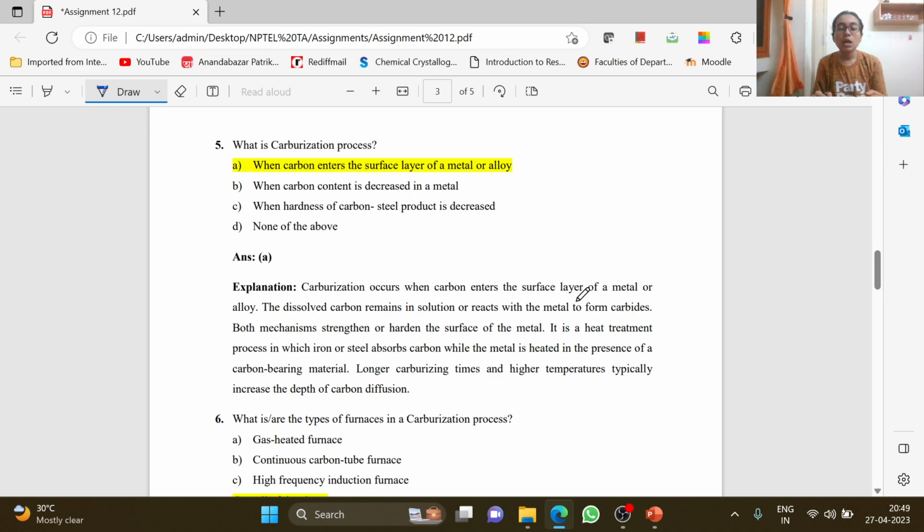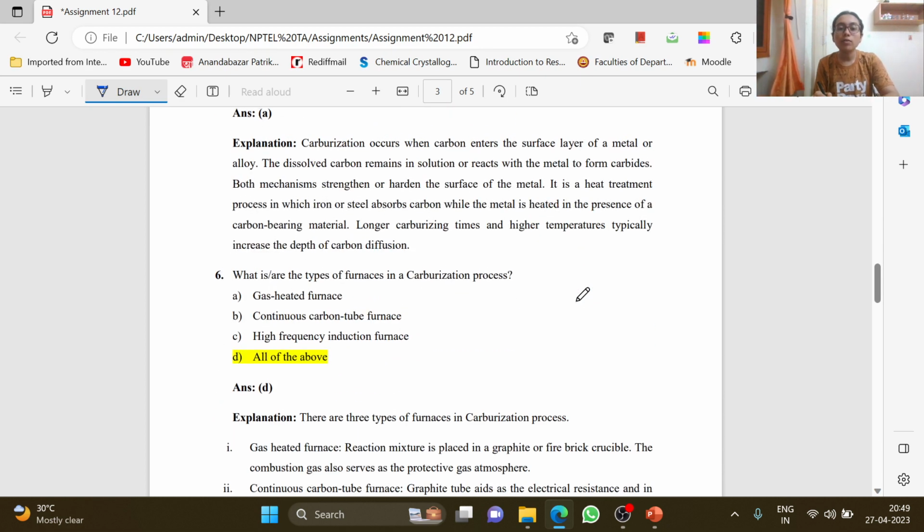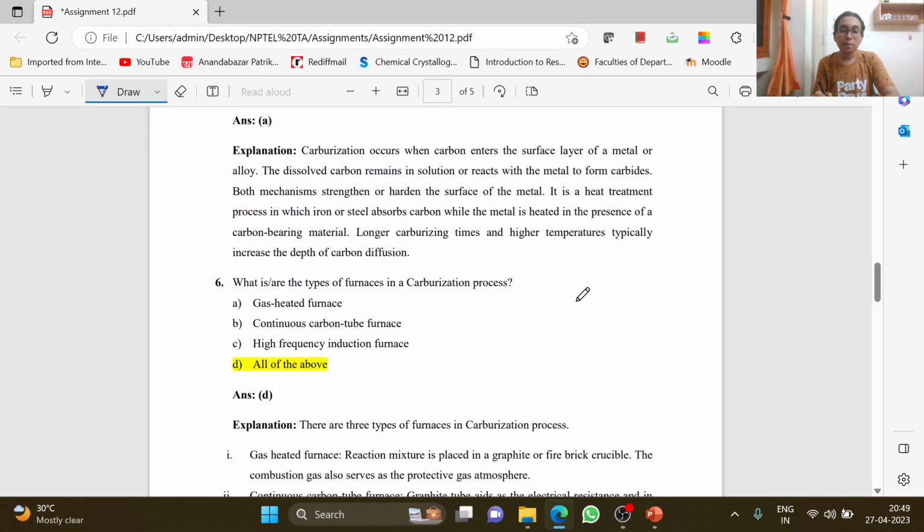Both mechanisms strengthen or harden the surface of the metal. It is a heat treatment process in which iron or steel adsorbs carbon while the metal is heated in the presence of carbon-bearing material. Longer carburization times and higher temperatures typically increase the depth of carbon diffusion, as is obvious.